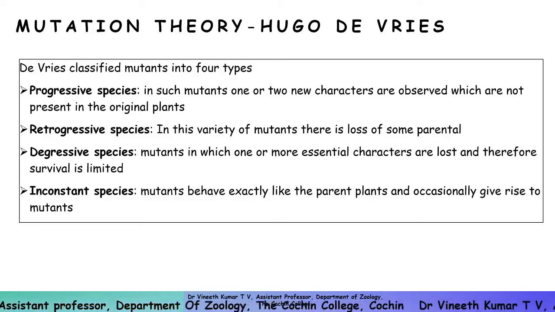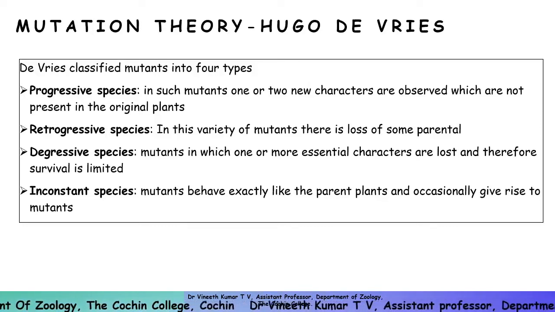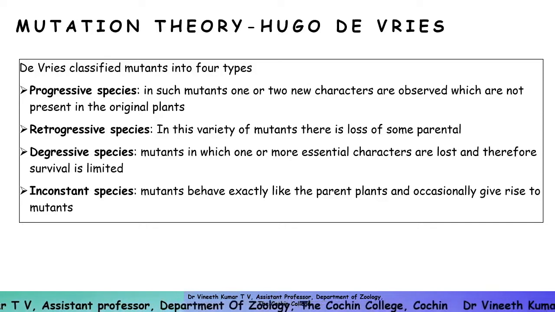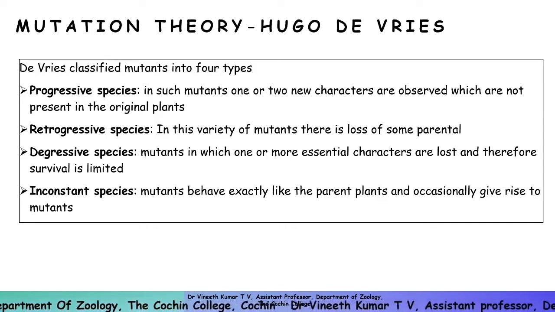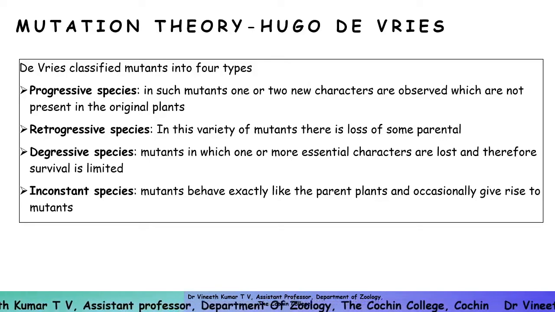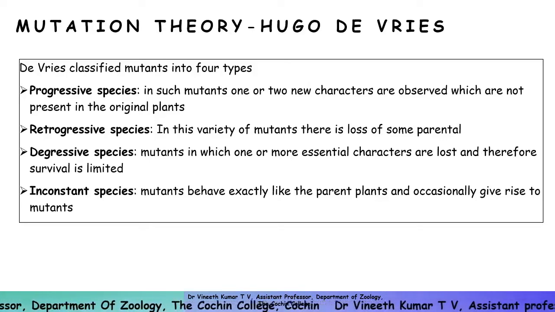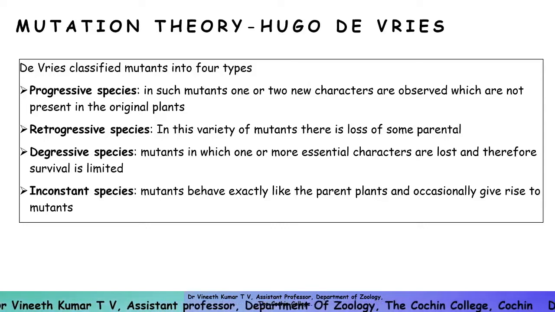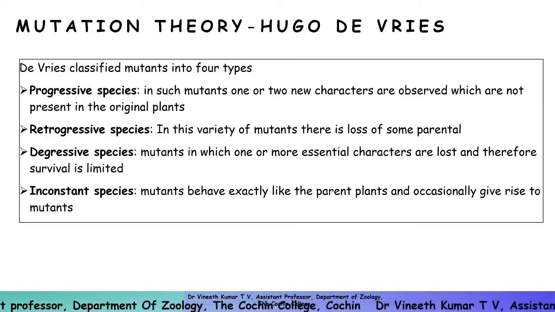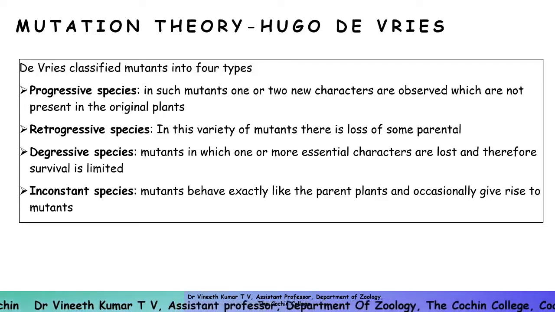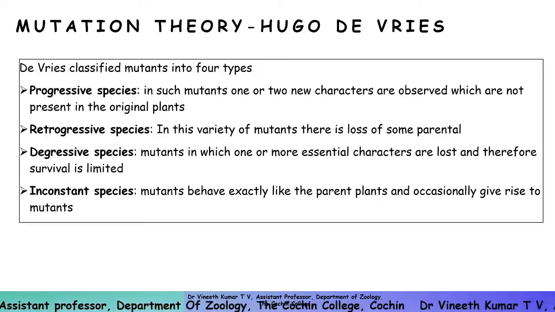De Vries classified the mutants into four types: progressive species, retrogressive species, digressive, and inconstant species. Here, progressive species are those mutants where one or two features or characters are observed which are not present in the original parent. That means some new traits appear in the offspring which are not present in the parents.